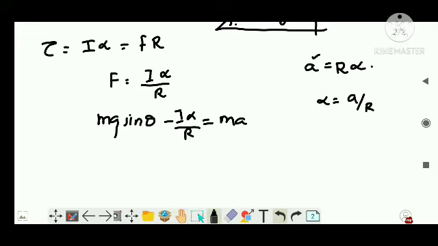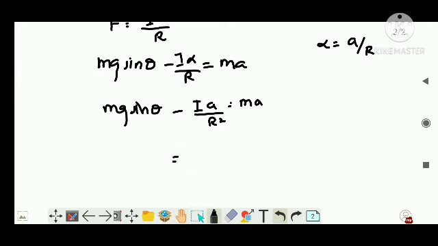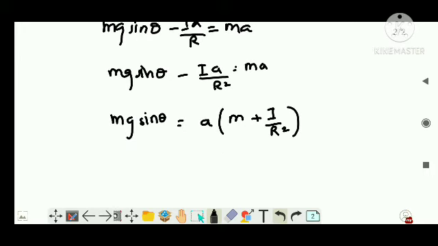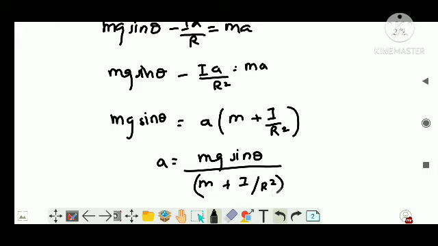Let us replace here. It will be mg sin theta minus I a by R squared is equal to ma. Let us bring a to one side: a times m plus I by R squared is equal to mg sin theta. Or I can write a is equal to mg sin theta divided by m plus I by R squared.